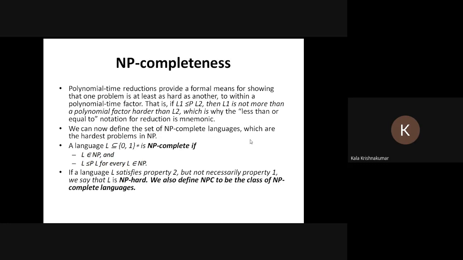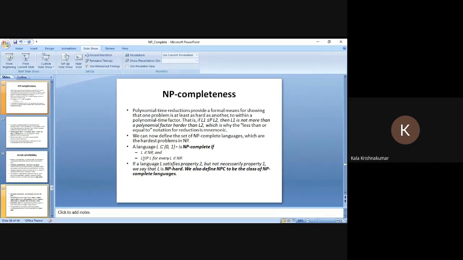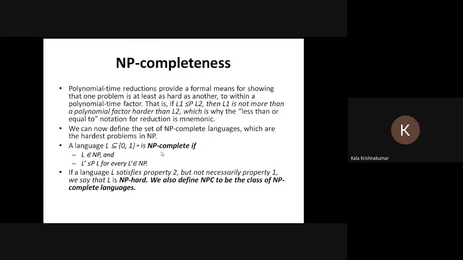An NP complete language, that is, a language L taken from {0,1}*, is NP complete if two conditions hold: L should be an element of NP, and L' should be polynomial time reducible to L for every L' element of NP.